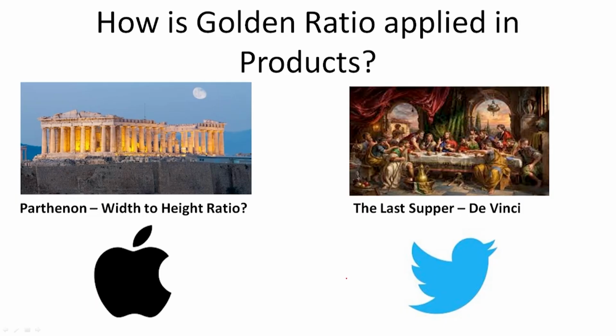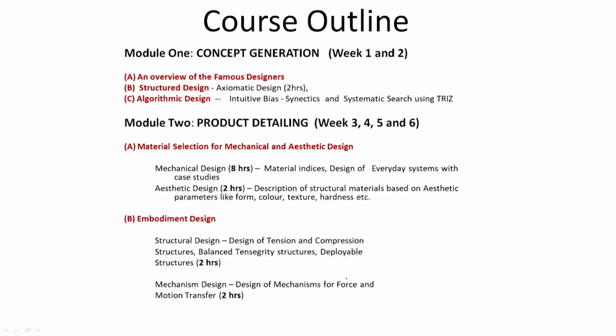Apple and Twitter, now X, are very much known to us. Both logos are known to be designed following the golden ratio. So, there are numerous products in which this is applied, and I am sure we will keep this clue with us. Now, let us come to the course outline.